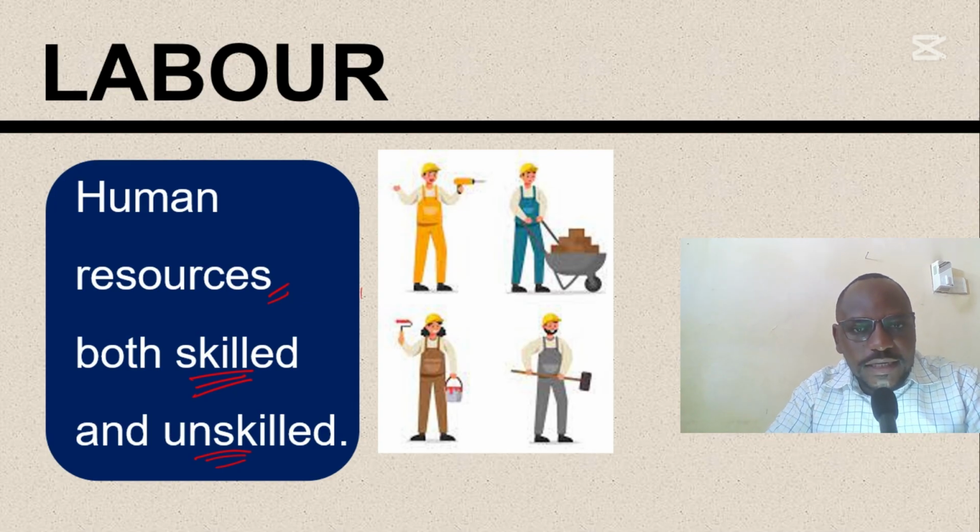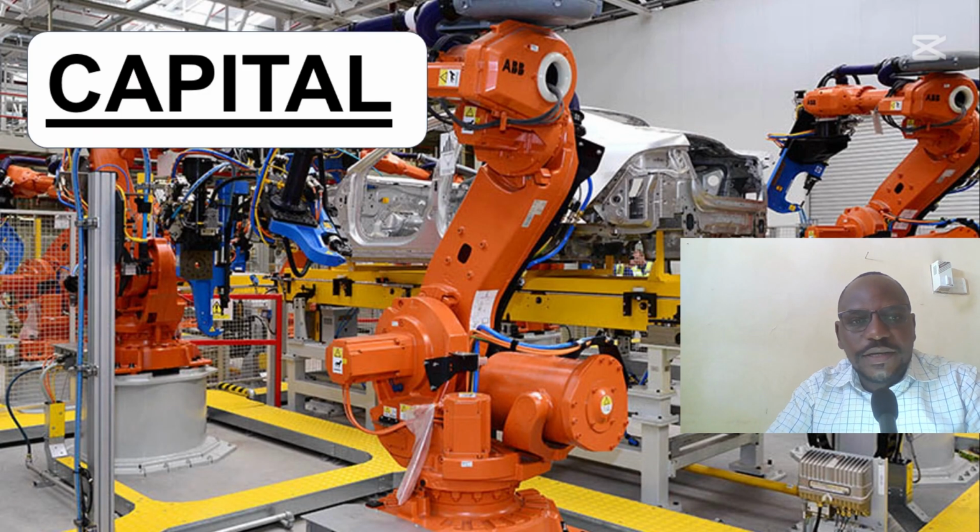Going forward, we have capital, and here I want to demystify something. Many people think about money. When you mention capital, they think about money. You want to start a business, somebody will ask you, do you have the capital? In mind, they mean the money.